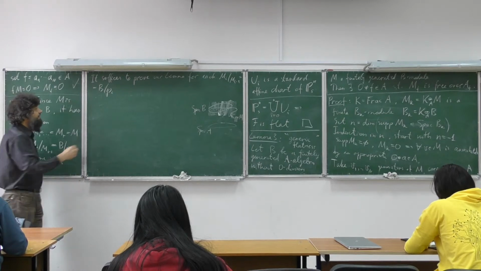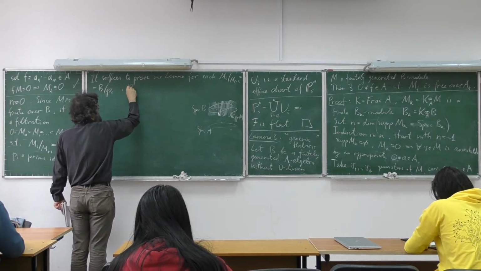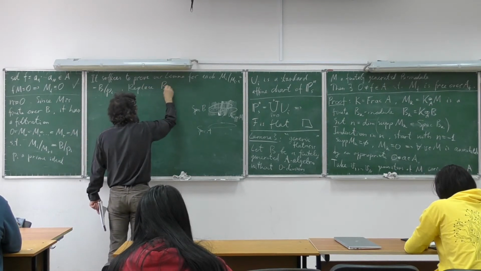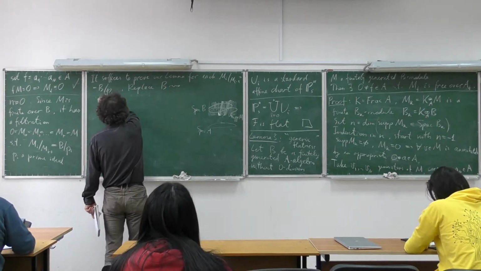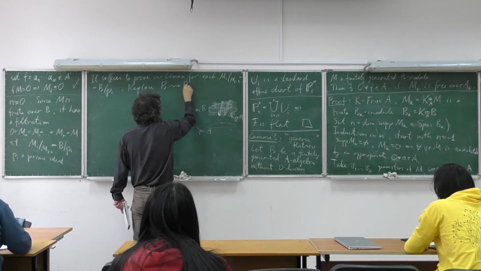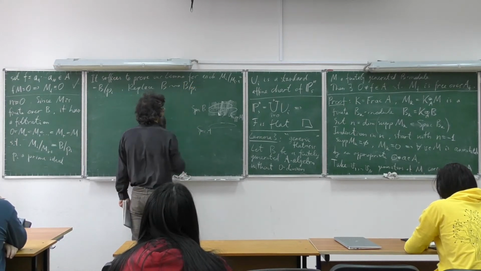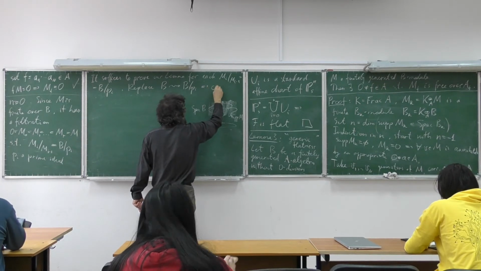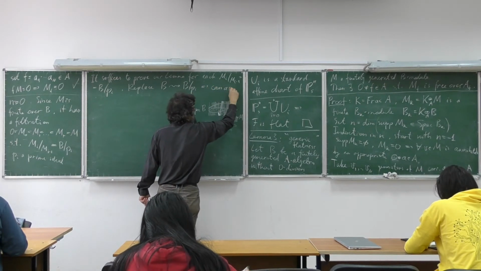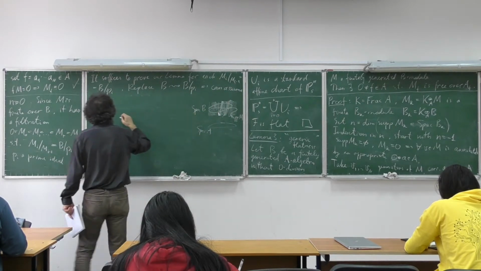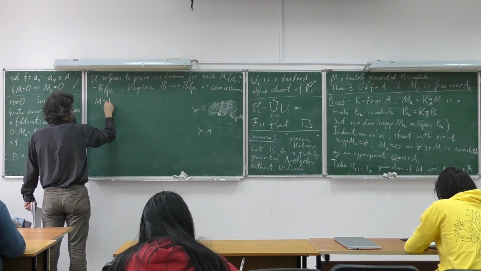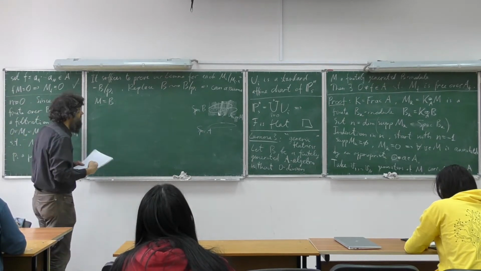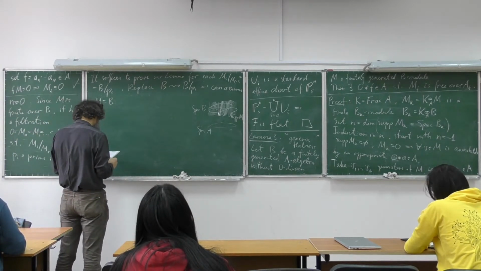But then we can just replace B by this quotient algebra. So we can assume that now M is just B. It's just a free B module of rank 1.